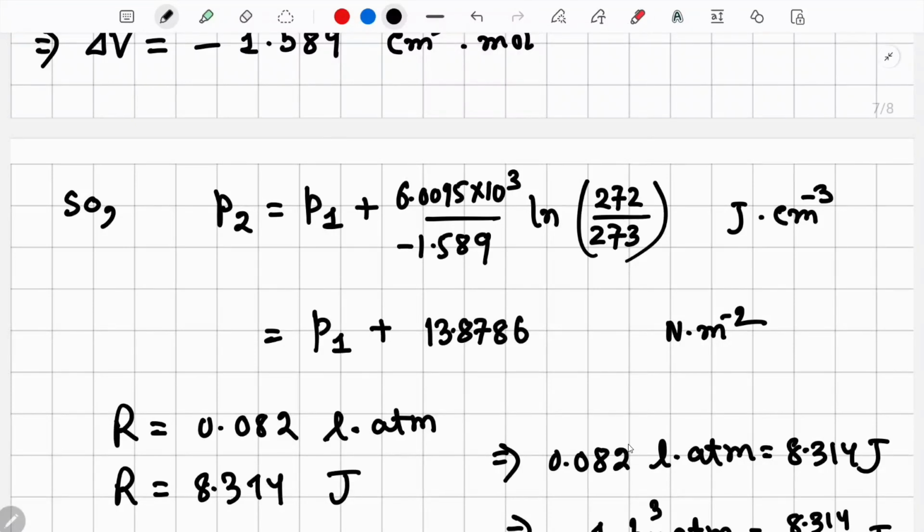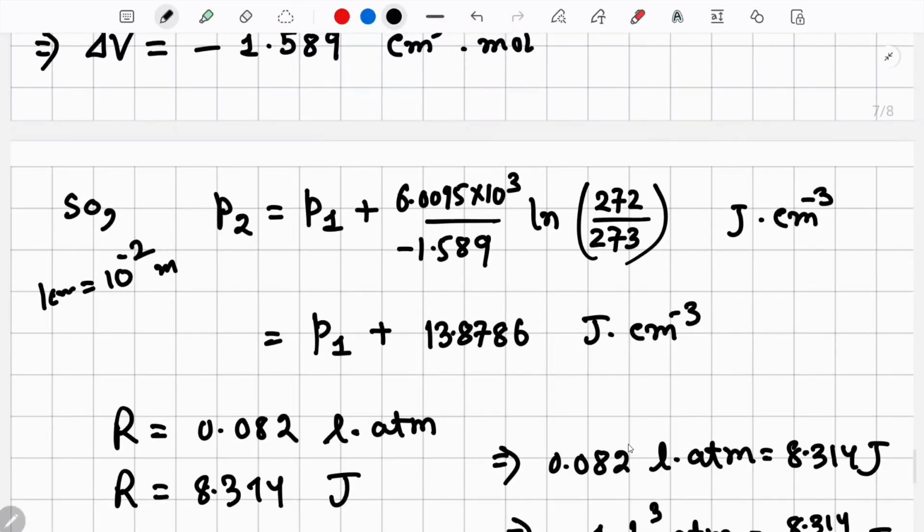It is joule in centimeter cube, right? Now you have to convert it into meter. So 1 meter equals 100 centimeter, so 1 centimeter is 10 to the power minus 2 meter. So 1 centimeter cube is 10 to the power minus 6, so it should be divided by 10 to the power 6.